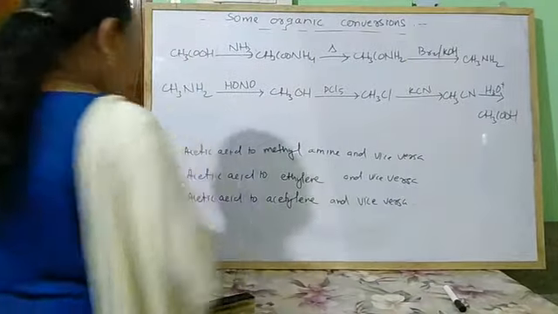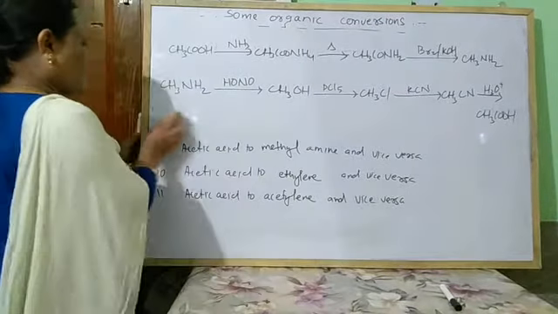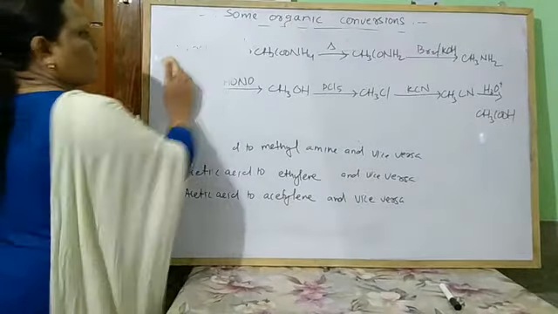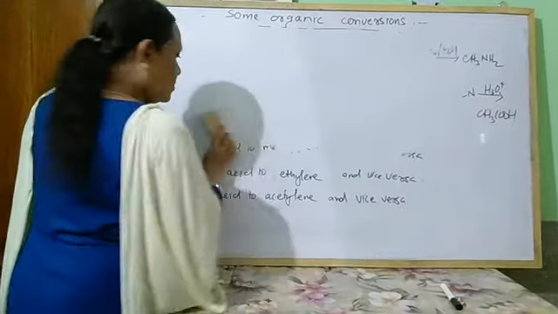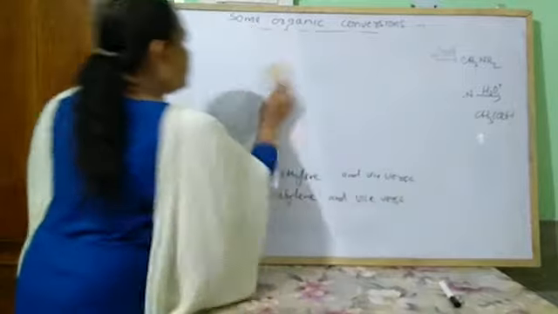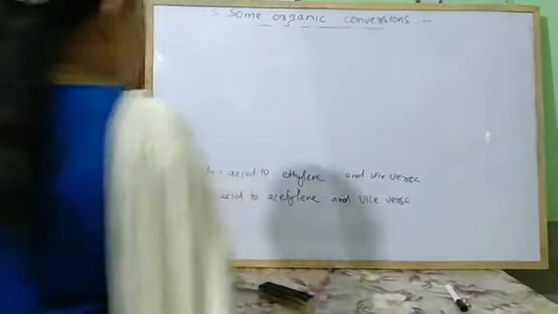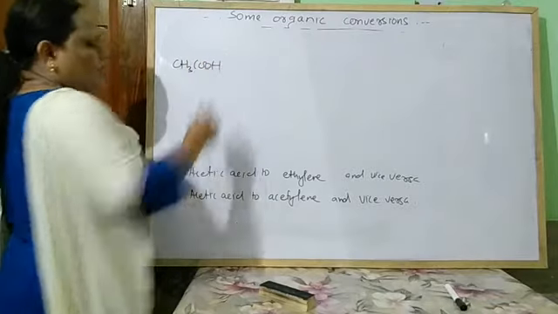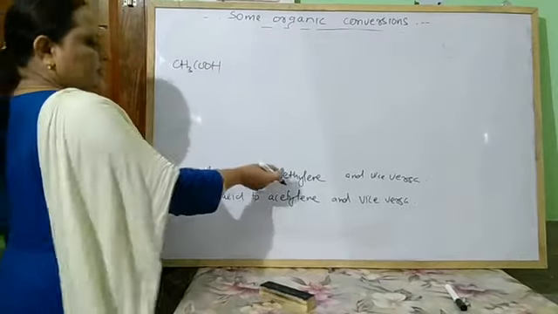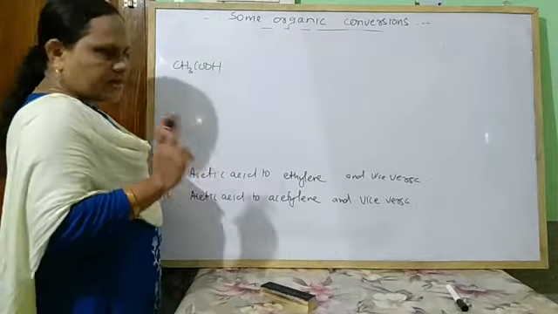Next question, acetic acid to ethylene and vice versa. Here also the number of carbon atoms is the same. Ethylene can be prepared from alcohol, and acetic acid can be converted to alcohol easily. Keep it in mind.